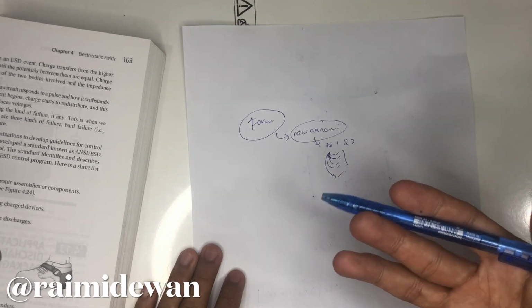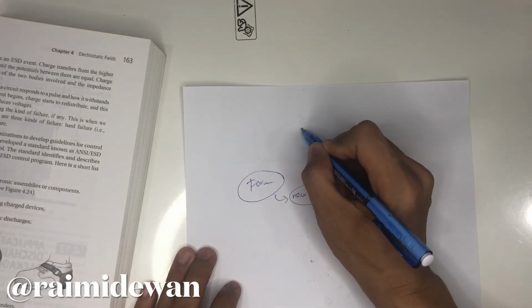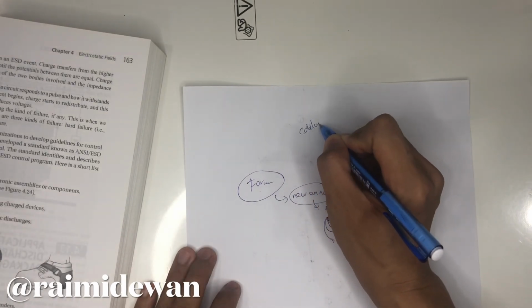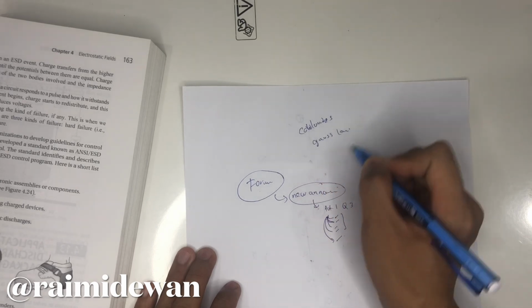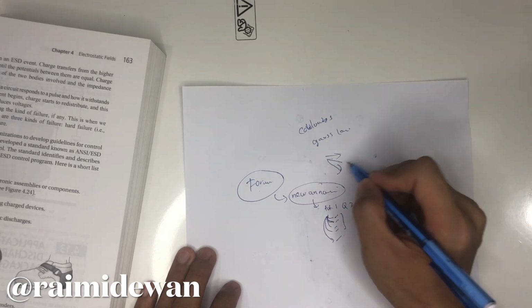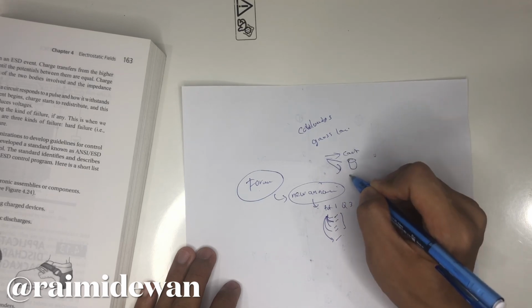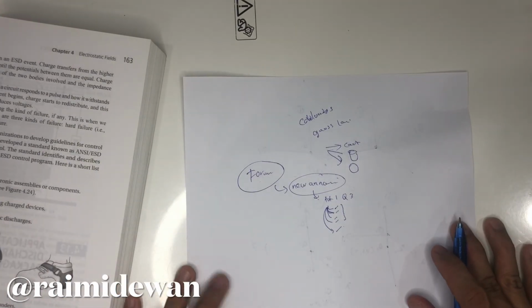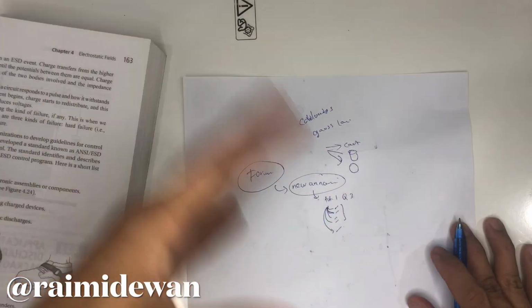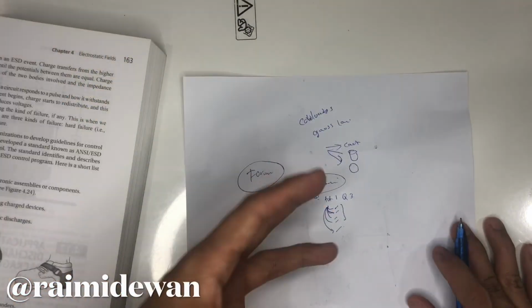Sometimes you need to practice more in order to see in which situation you will use Coulomb's law, in which situation you use Gauss's law, and which coordinate system is suitable, like Cartesian, cylindrical, or spherical. There are a lot of things that you need. You can solve the question faster if you do a lot of exercises, because you will know which one is suitable to solve that kind of situation.